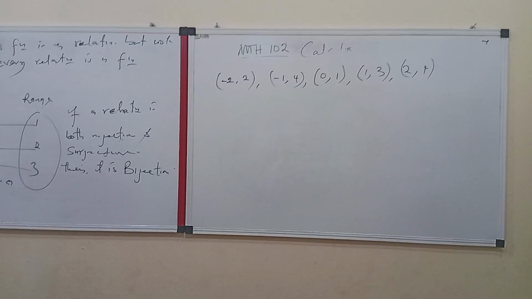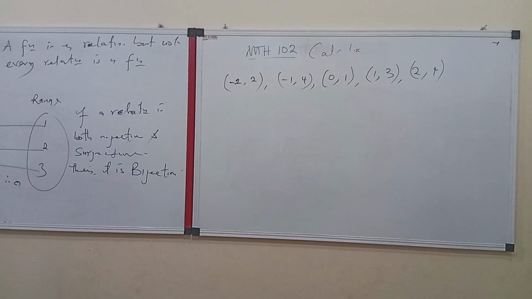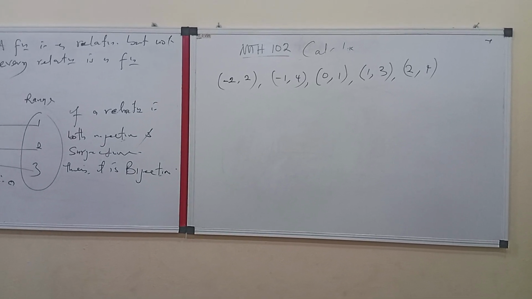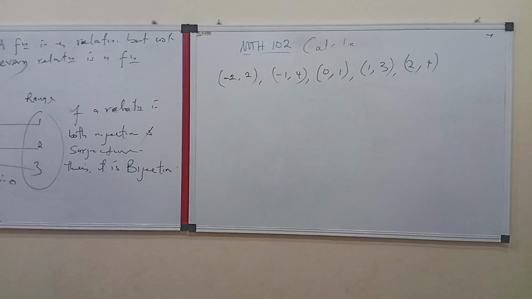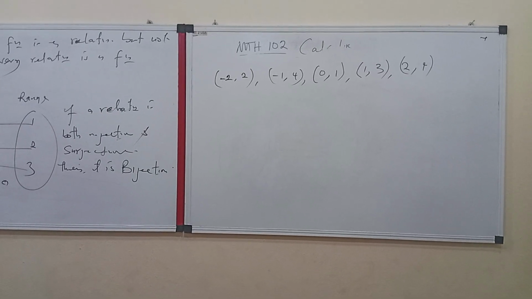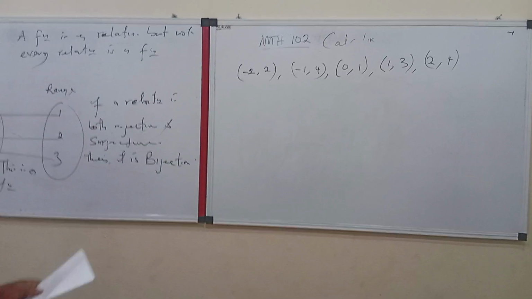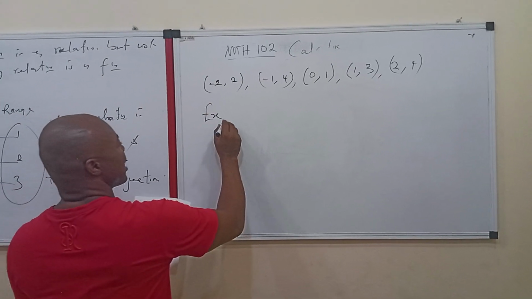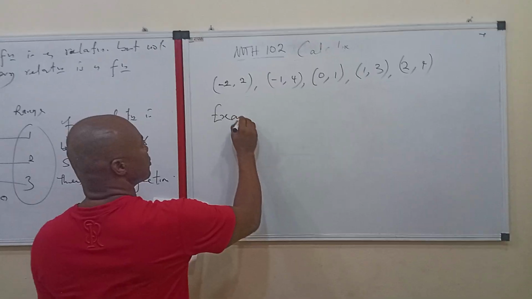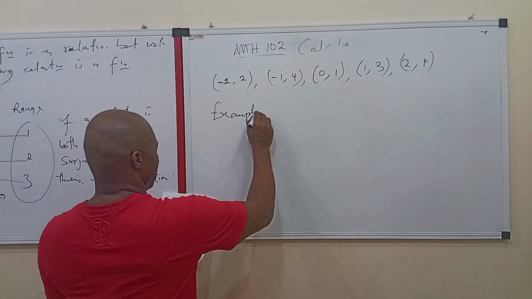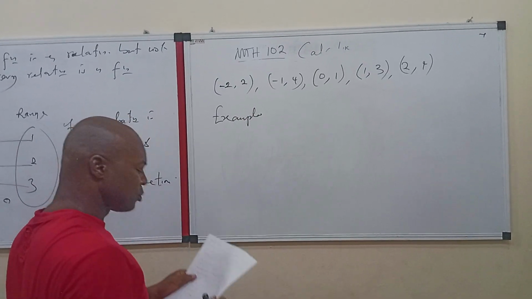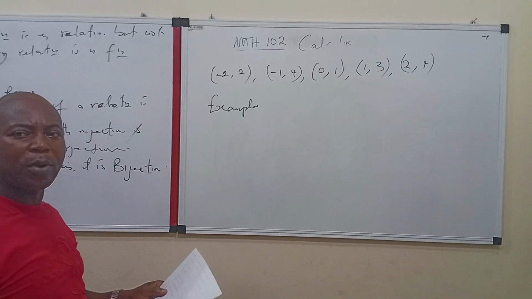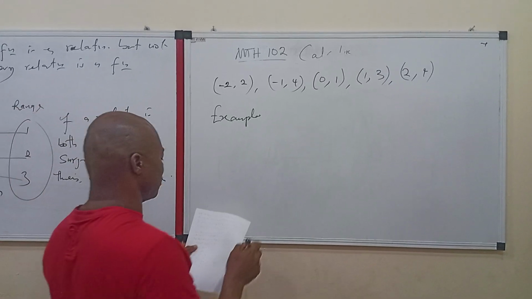Now, apart from that again, as we did for the linear situation, I will also want us to consider these examples, by determining the shape of the graph of these functions.